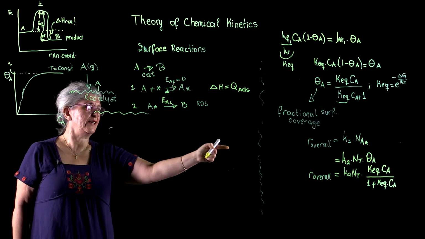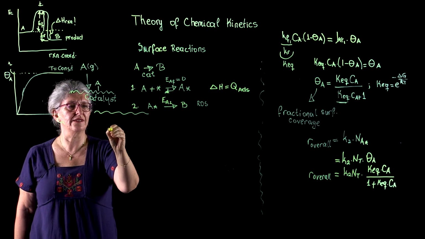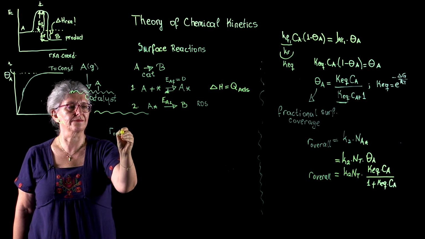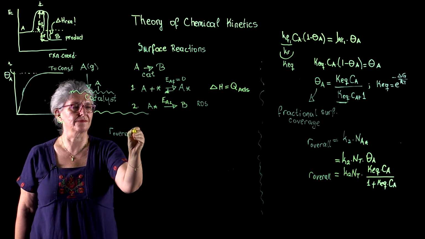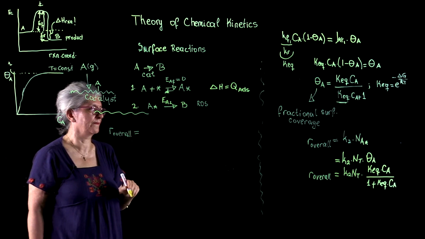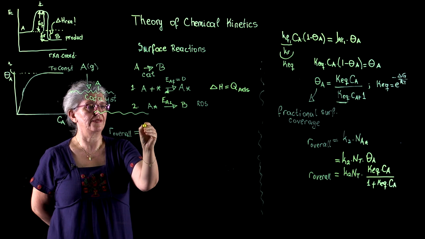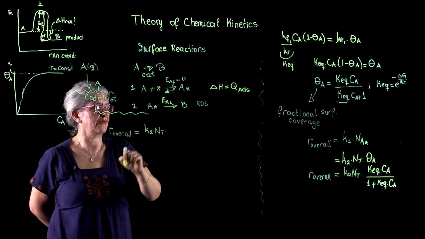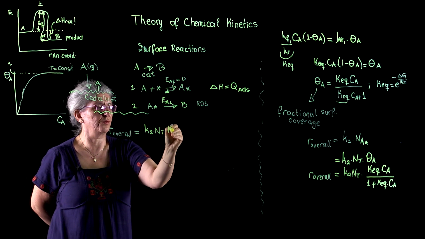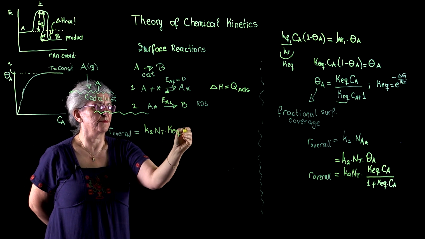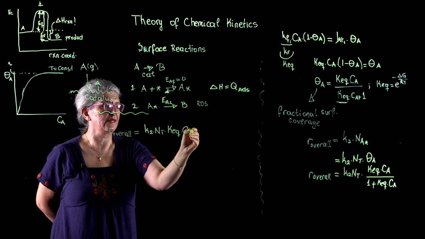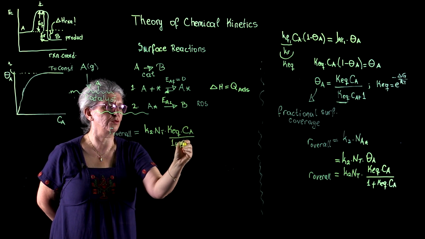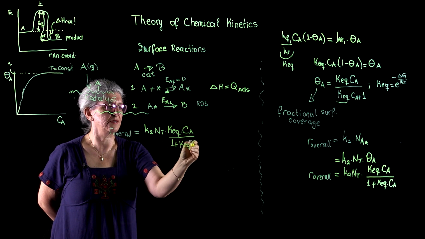And on the other side, for this reaction, we derived the overall rate as K2 N total times K equilibrium times Ca divided by 1 plus K equilibrium times Ca.